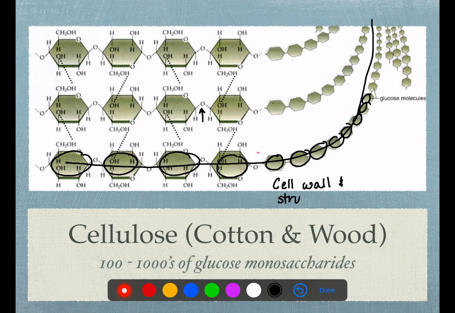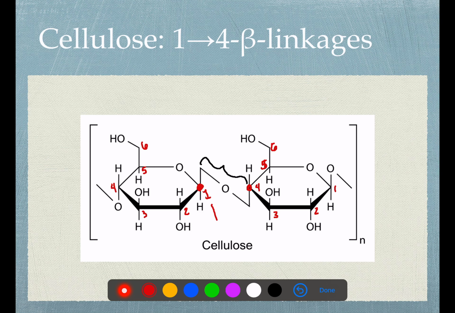And then in terms of the beta notation, we're looking at carbon number 1 and carbon number 4, and we're asking ourselves, are either of those anomeric? Carbon number 1 is anomeric.